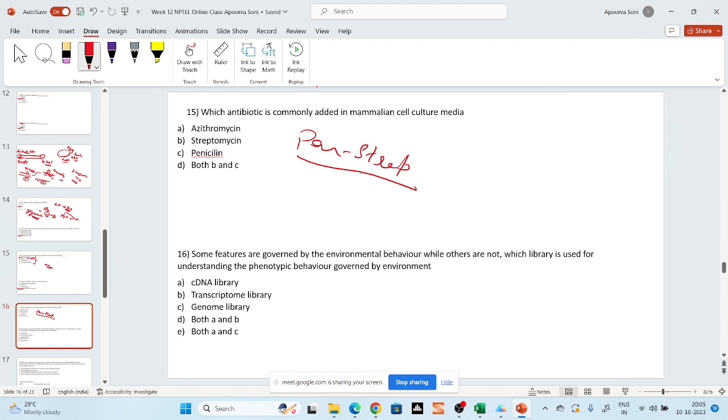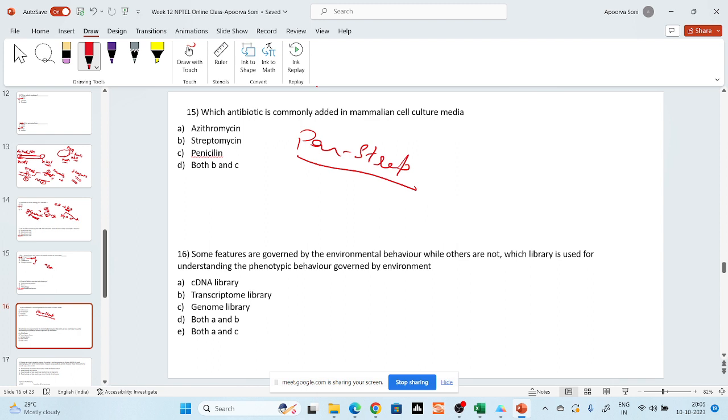Whoever standardized the use of penicillin and streptomycin stuck to these and not the other variants of the same kind, because they are a little bit cheaper, easily available, and they do not impart much negative effect to the culture media.